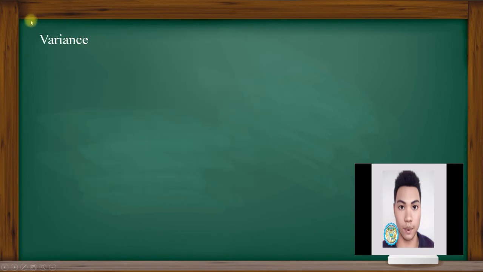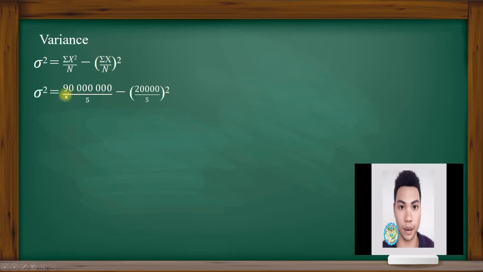So this time we will solve for the variance of the population using the formula, which is the summation of x squared over n minus the square of the summation x over n. So we have the summation of x squared is 90 million, yung nandun sa table kanina, over 5 minus 20,000, which is ito yung total ng x natin or yung shares nila, over 5, then square mo siya.